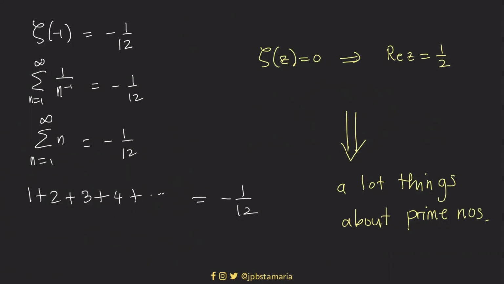Pag nag-type ka ng password sa ATM, nalalaman ng ATM na tama yung in-input mong password or mali. So, ibig sabihin ba nun, alam ng computer yung password mo? The truth is, hindi.